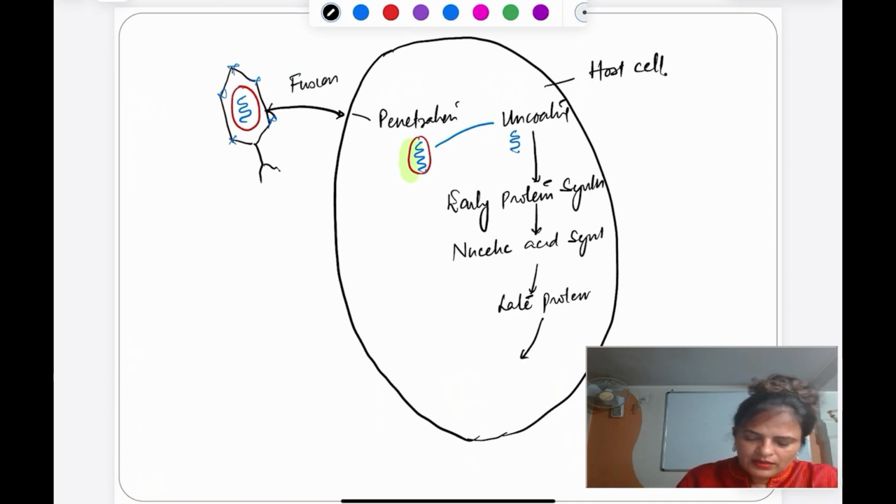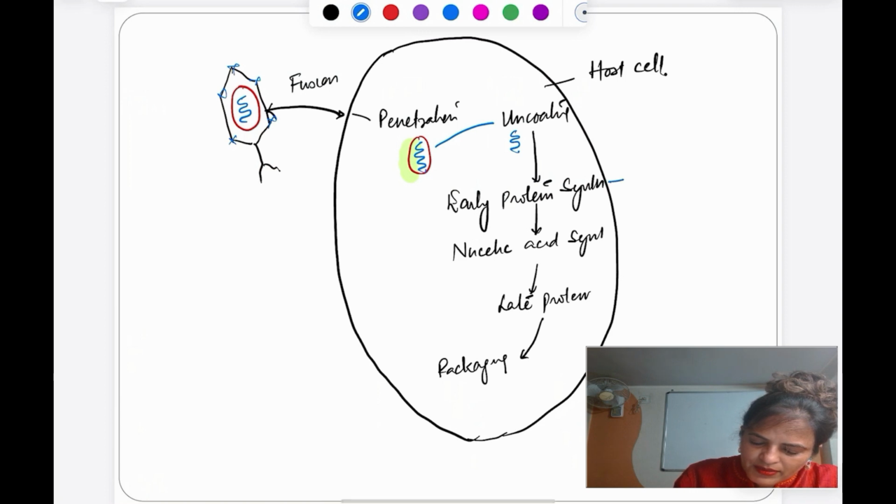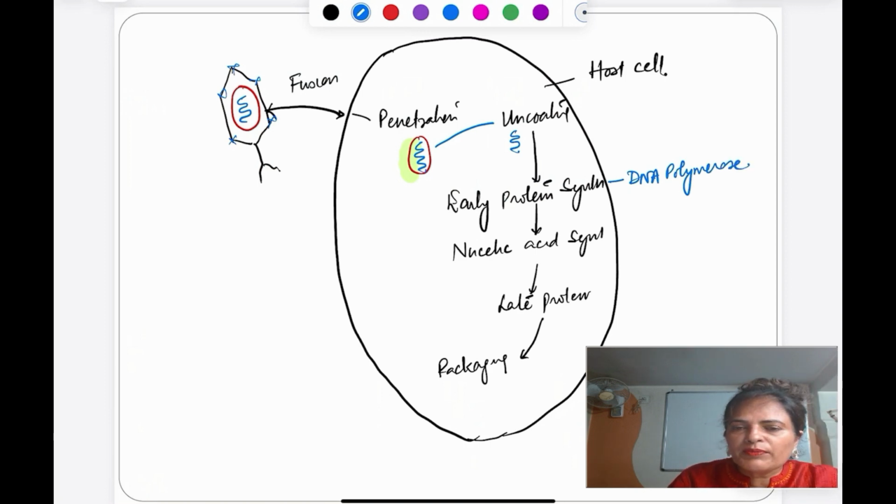And then there will be packaging and processing, the packaging of all the material. This is your early protein synthesis. Here maybe there is a synthesis of DNA polymerase if it is a DNA virus, or RNA polymerase.